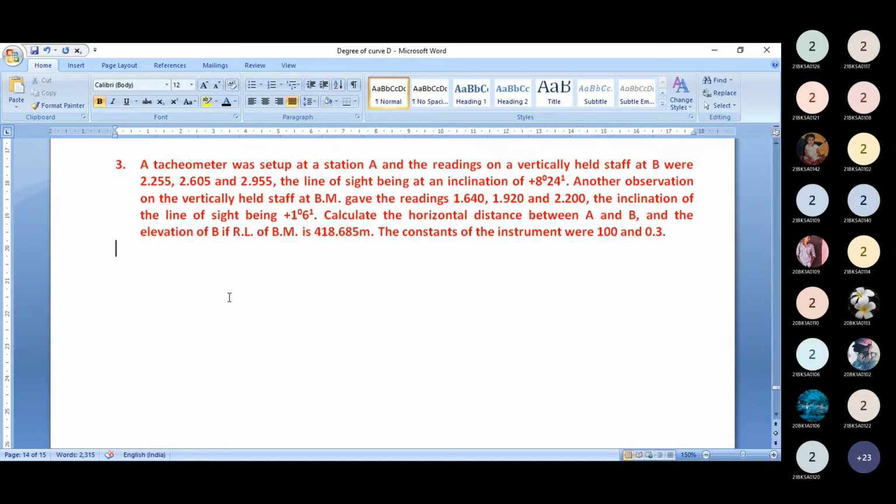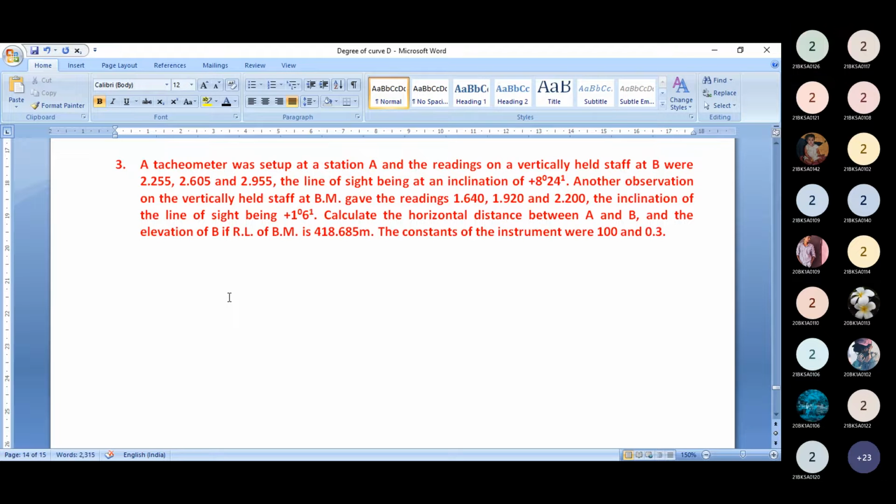Another observation on the vertically held staff at the benchmark gave the readings 1.640, 1.920 and 2.220, the inclination of line of sight being 1 degree 6 minutes. Calculate the horizontal distance between A and B and the elevation of B, if the RL of the benchmark is 418.685 meters. The constants of the instrument were 100 and 0.3.